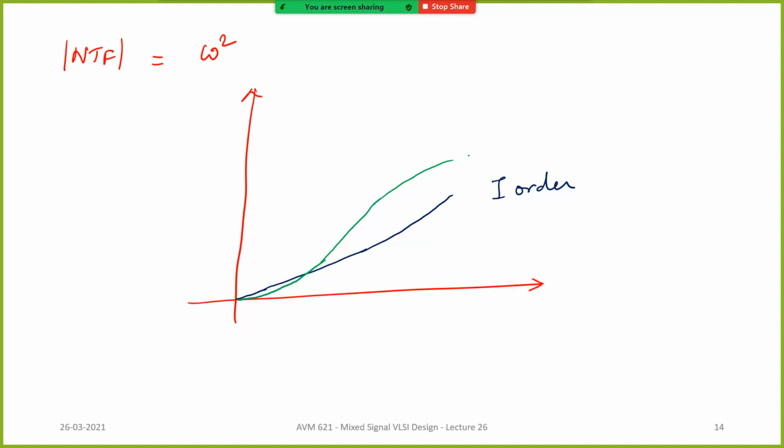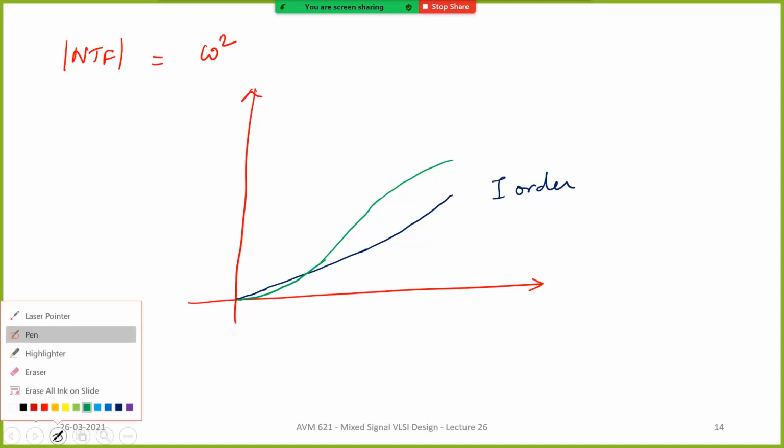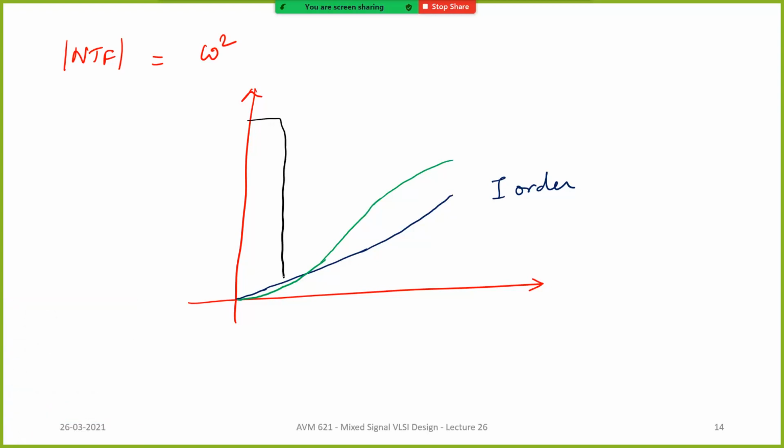So if you zoom into this, you have one which is linear and the other which is quadratic. Now you tell me which will have lesser noise. At lower frequencies, the quadratic one will have lesser noise, because that is where we are interested, because we are anyway going to put a low pass filter, right?